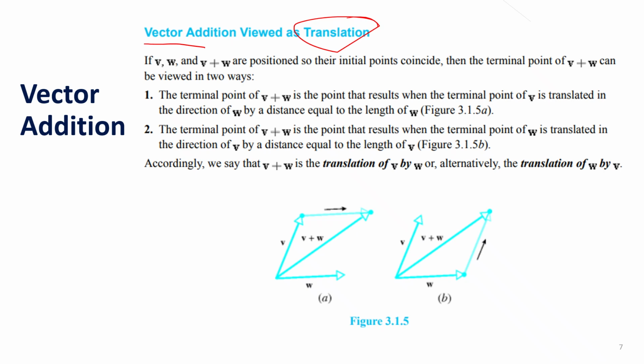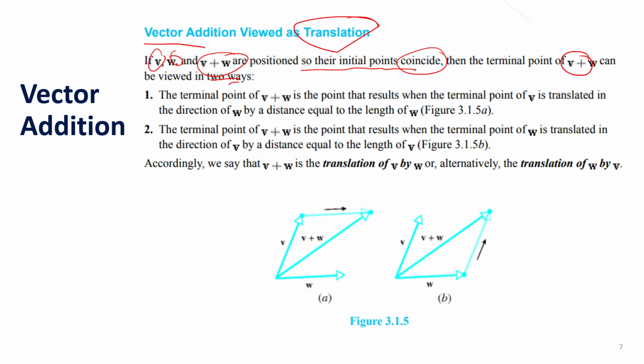So for example, you have v and w, v plus w, positioned so the initial points coincide. And then v plus w can be viewed in two ways.